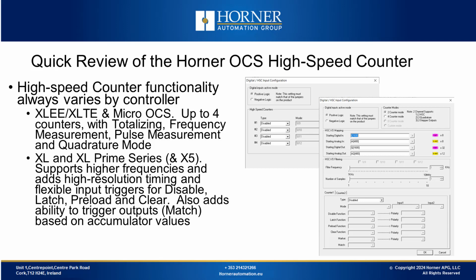Products in the XL series from the XL4 onwards, and including the X5, as well as the XL Prime series and future Canvas models also support higher frequencies and additional capabilities. These include high-resolution timing and flexible input triggers for disable, latch, preload, and clear. These models can also trigger outputs based on high-speed counter accumulator values.